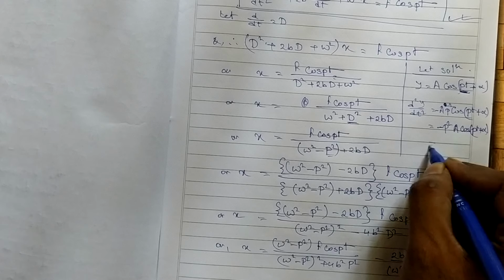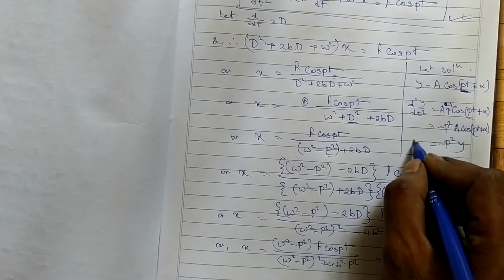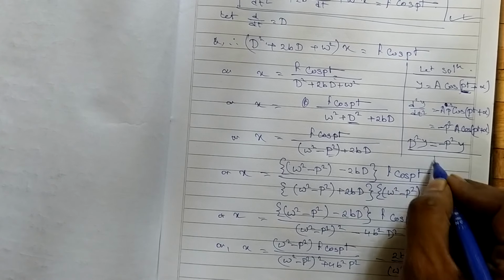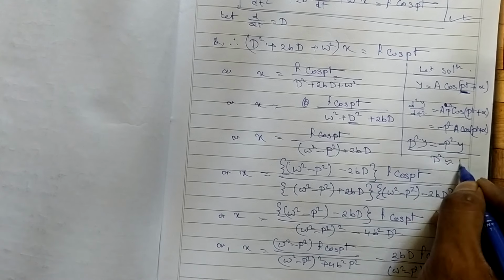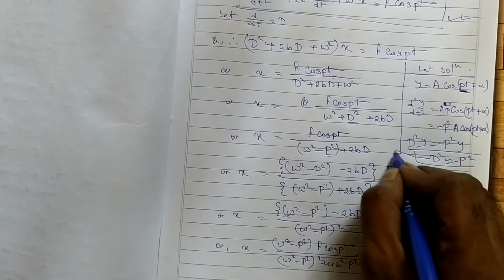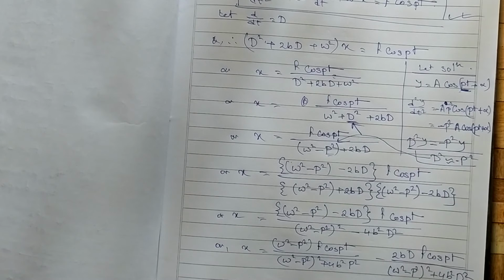So obviously it becomes minus p square y. So d square y is equal to minus p square y, and d square is almost equivalent to minus p square. That's why I put here d square is equal to p square.